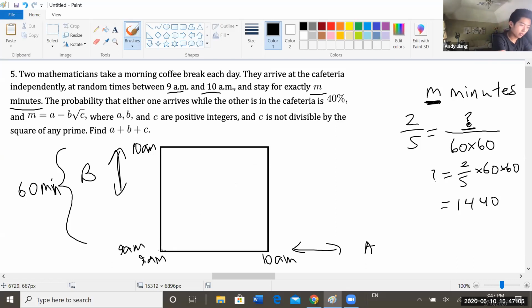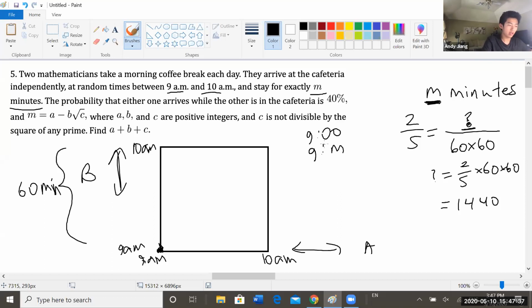So my first step is going to be, let me assume that person A arrives at 9 a.m., which means that my x coordinate is along this line. Person A stays for m minutes, so person A is at the cafe from 9 to 9 plus m.